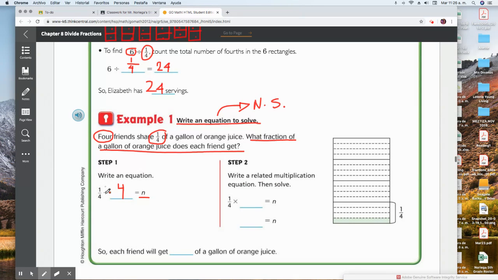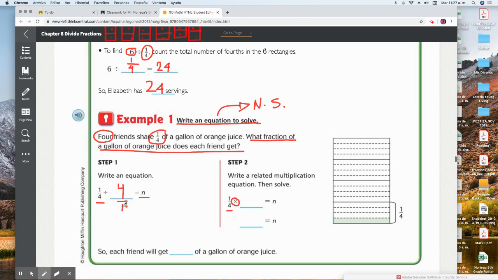To write a related multiplication equation, remember that the dividend stays the same. So in this case, 1/4 stays the same. We change our symbol to times. And what else do we need to do? Remember that we need to change our divisor into its reciprocal. How? Remember that a whole number will always have 1 as its denominator, and then we flip this fraction.